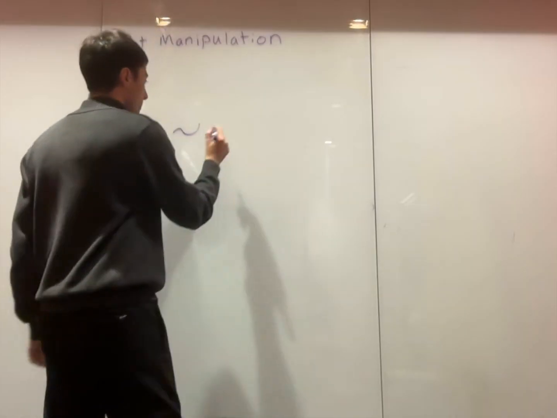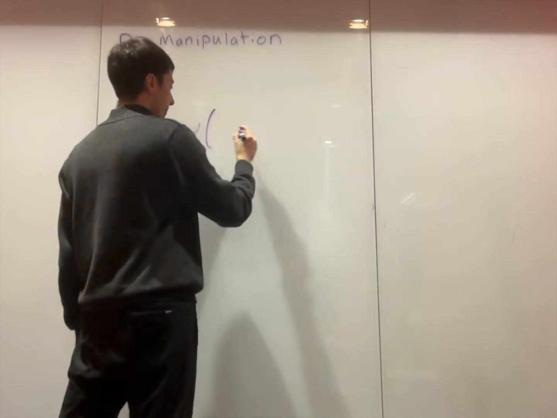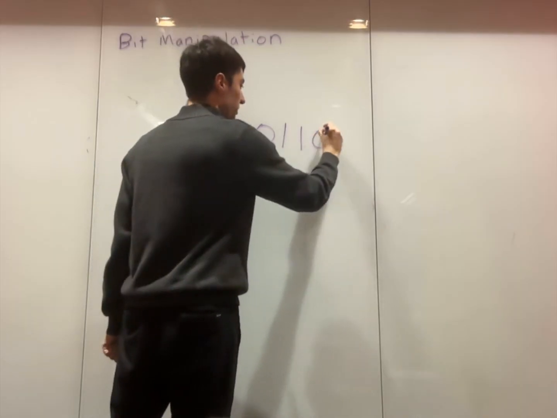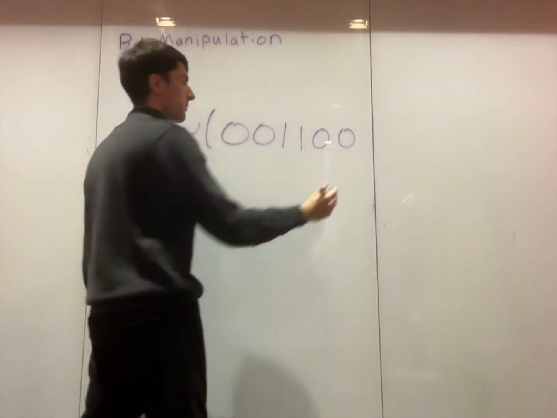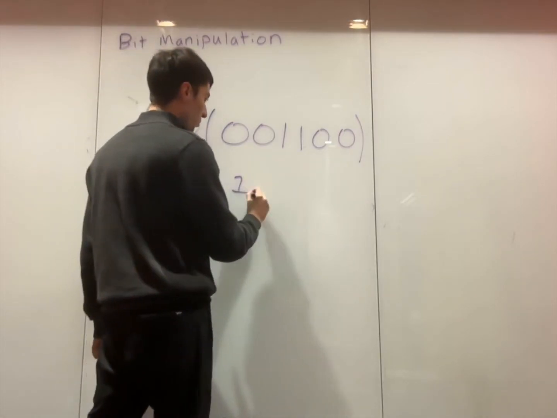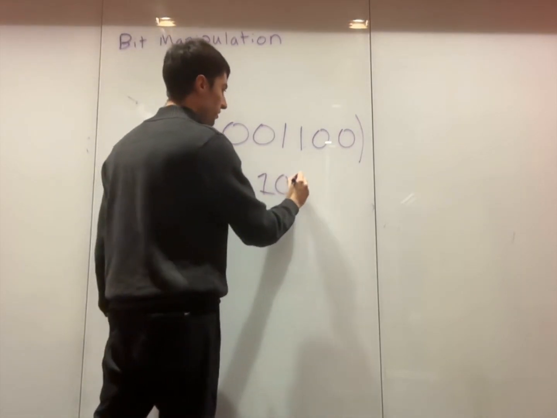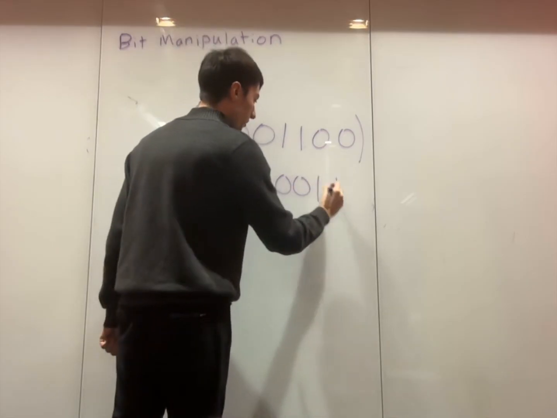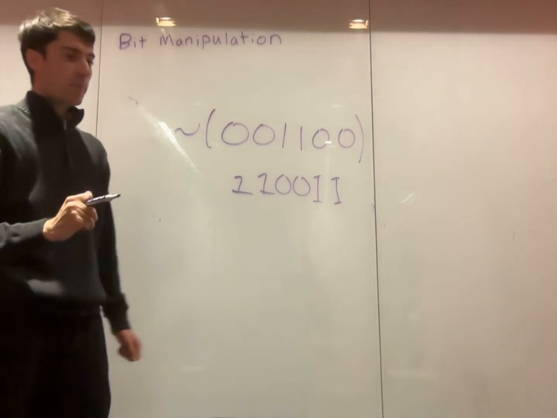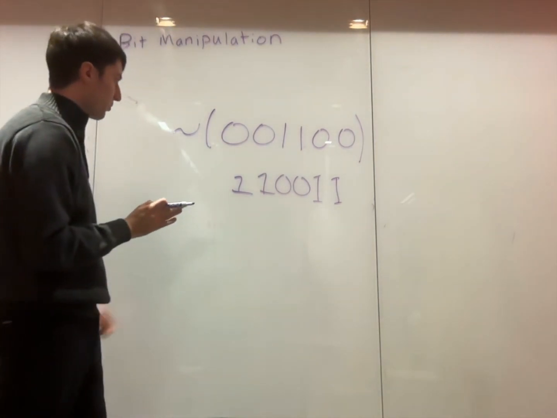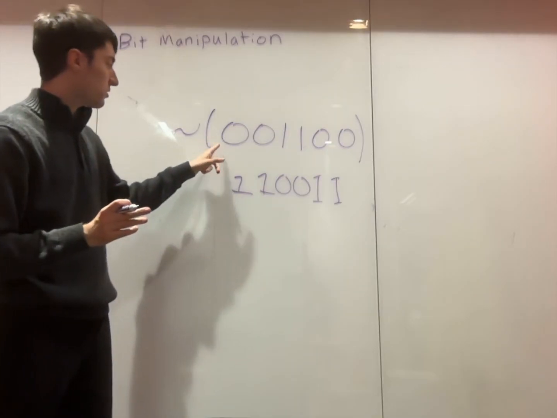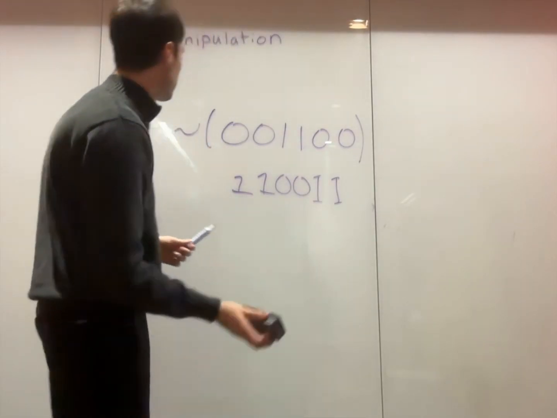Okay, so if I have NOT and then 0, 0, 1, 1, 0, 0, right? This is going to be 1, 1, 0, 0, 1, 1. Like that. But you do need to be a little bit careful with this operator because remember, if it's like 32-bit, right?